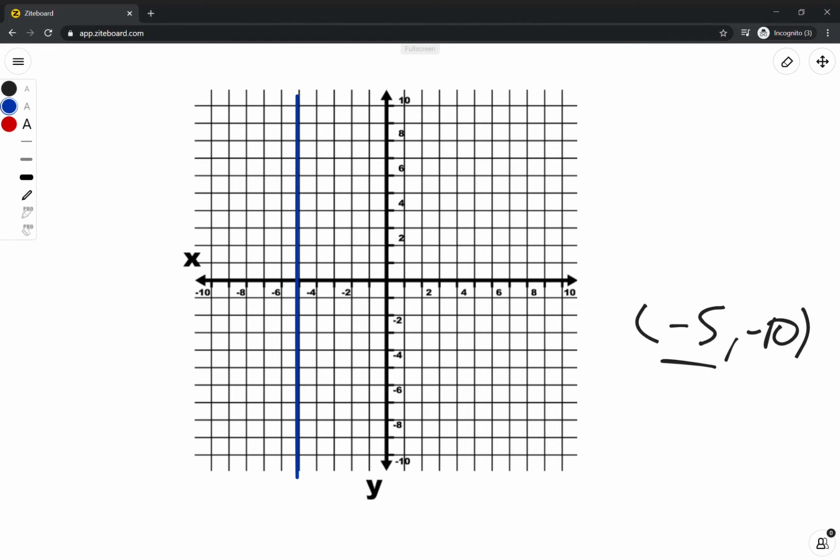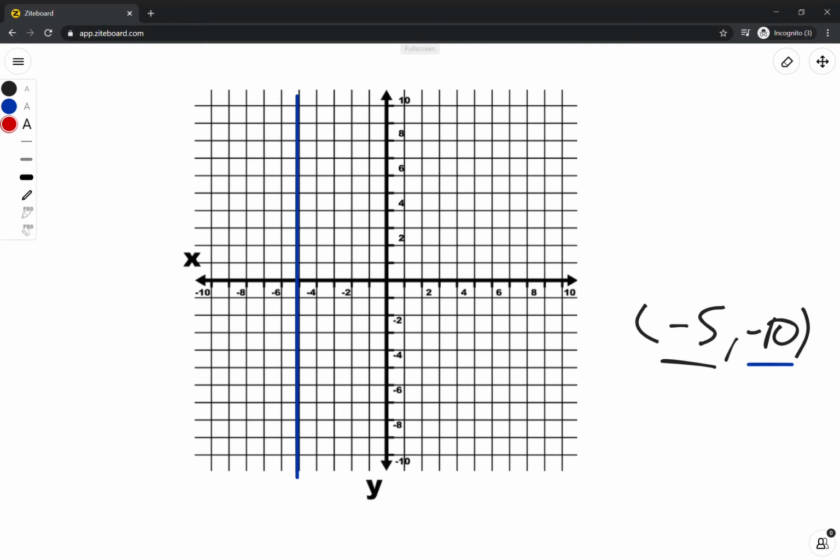Okay. And now they're saying y is equal to -10. So what we have to do is look vertically to where this vertical value is equal to -10. So what we can do is we can go to where y is 0 and then count all the way down till we get -10, which is this line right here.